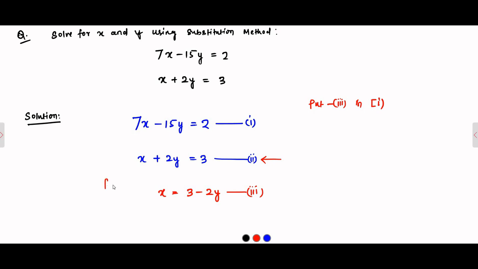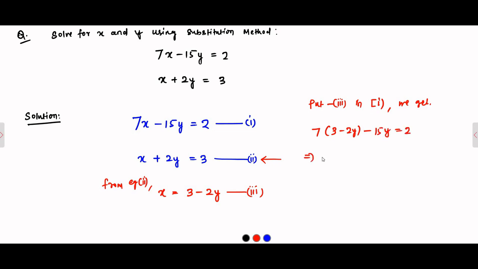Here it is, we have got it from equation 2, so we'll put that in the other equation, that is equation 1. So we get 7 into (3 minus 2y) minus 15y is equal to 2.